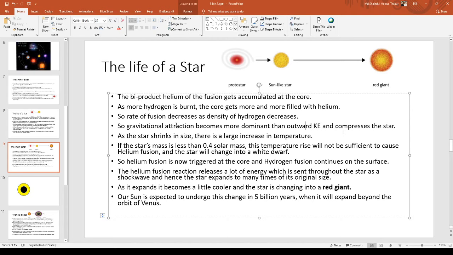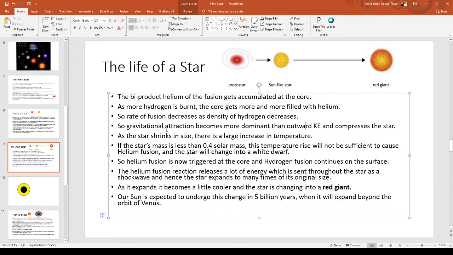Okay, because you need to understand that the rate of fusion reaction is decreasing, but the gravitational force has not decreased, right? It's the same gases. It's more helium, but essentially the same mass. So the mass of the star is the same. So the gravitational attraction force that is pulling it inward is the same.